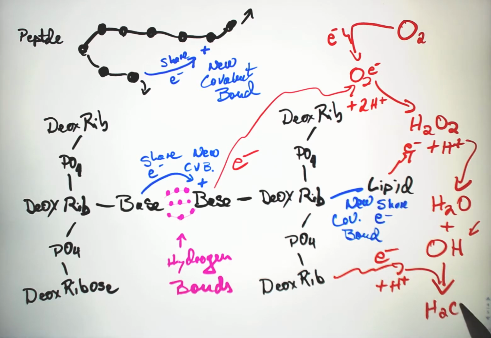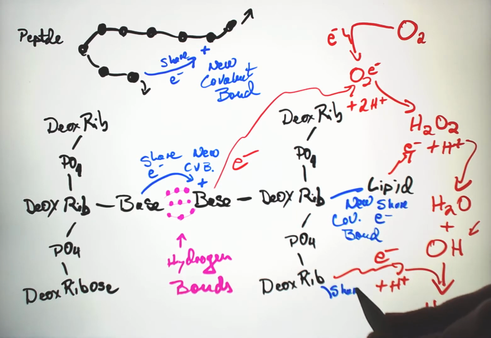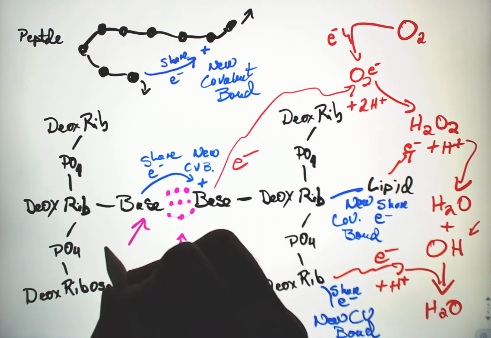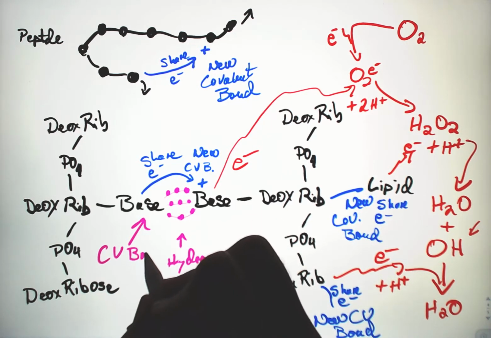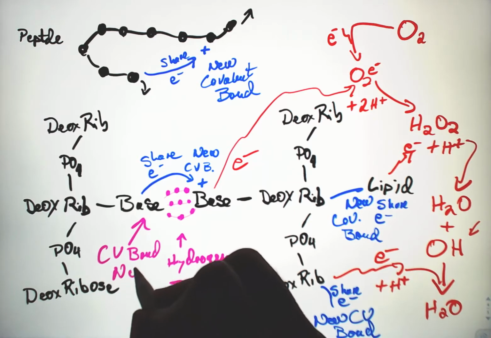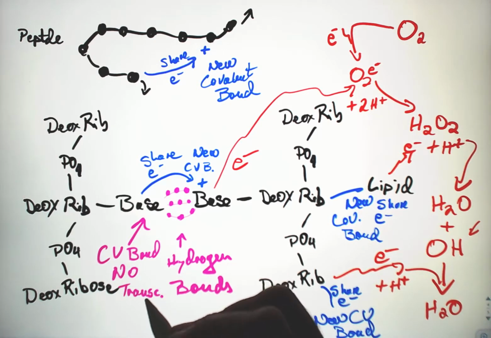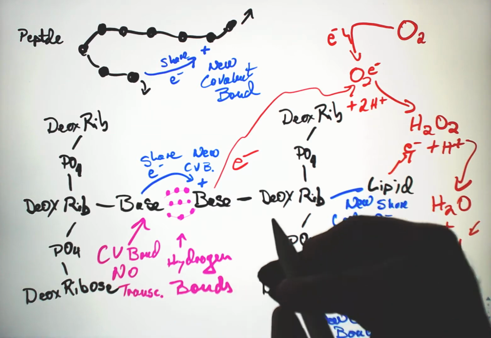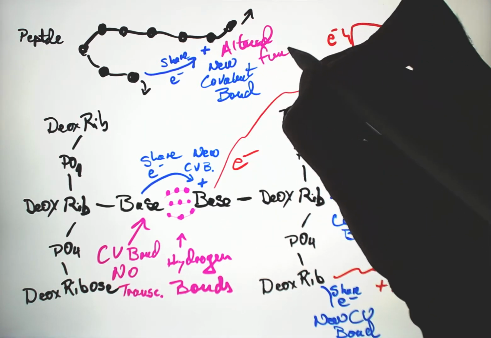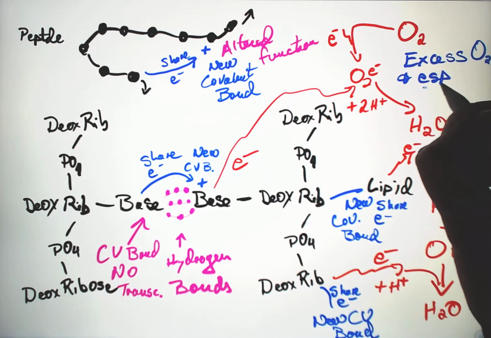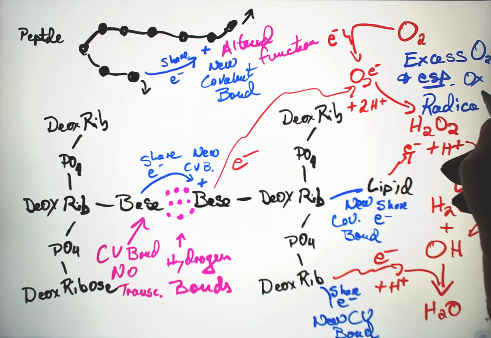In each of these cases, whatever lost the electron has a strong tendency to try and fill that unpaired outermost shell, forming a new covalent bond. And that new covalent bond is dangerous. So a covalent bond may prevent transcription, change function of a protein, connect things that shouldn't be connected. Excess oxygen, and especially oxygen radicals, are dangerous.